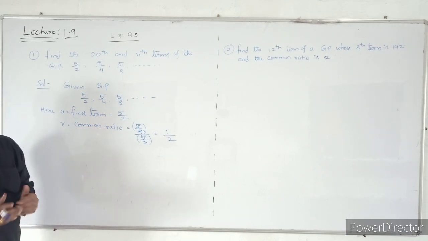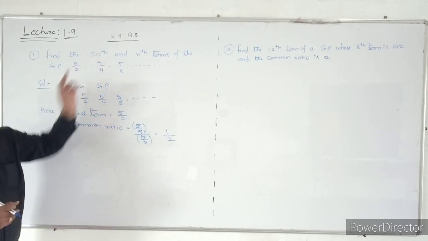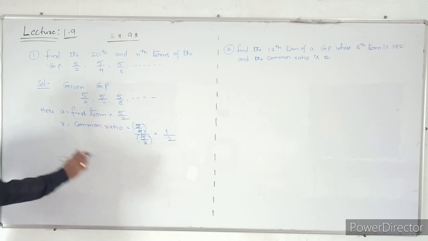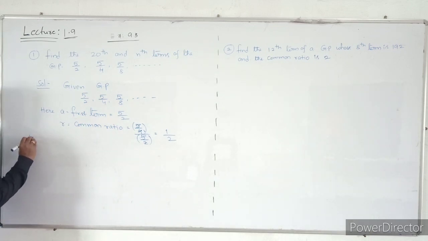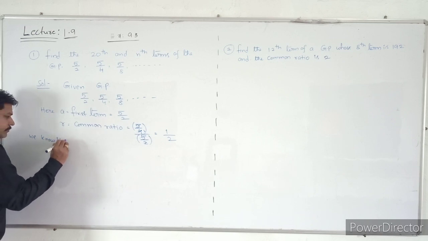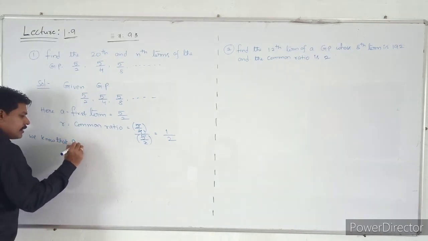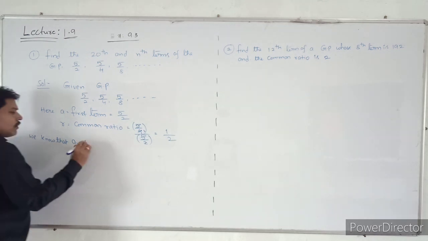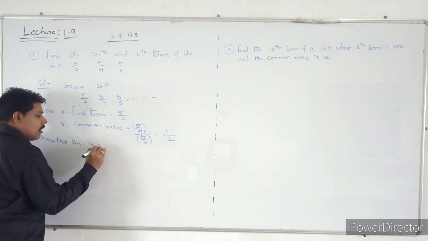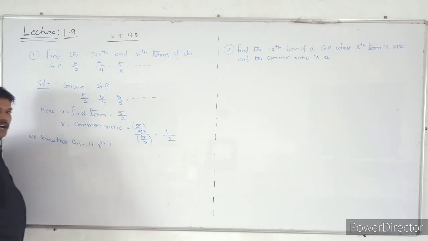Then they are asking you to calculate the 20th term. Already we know the formula: An is the nth term, and the formula is A into R power n minus 1.